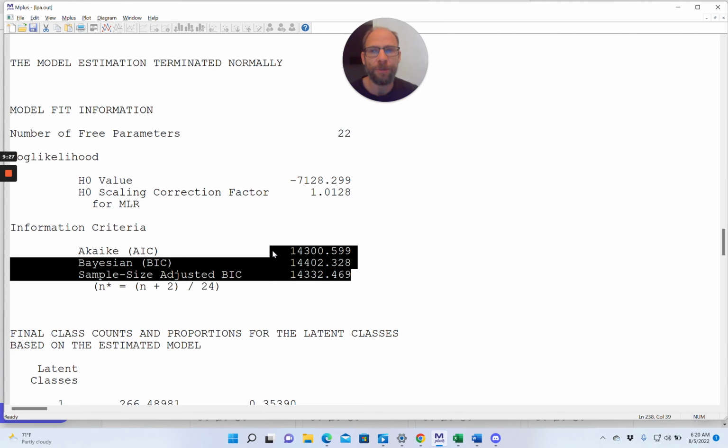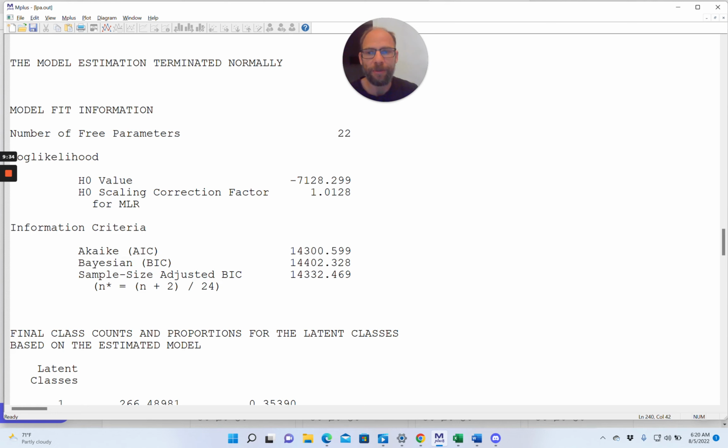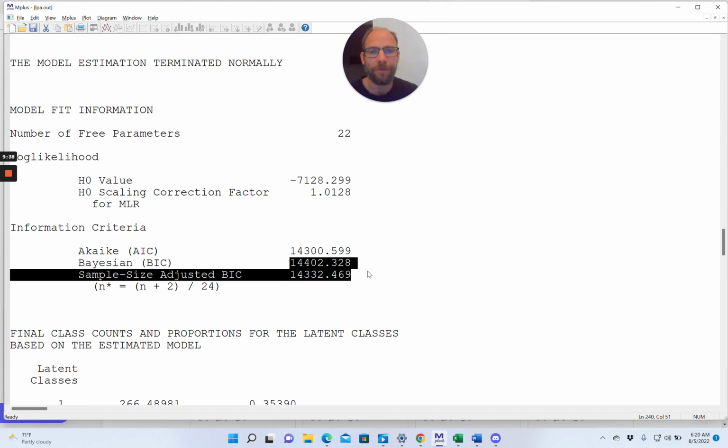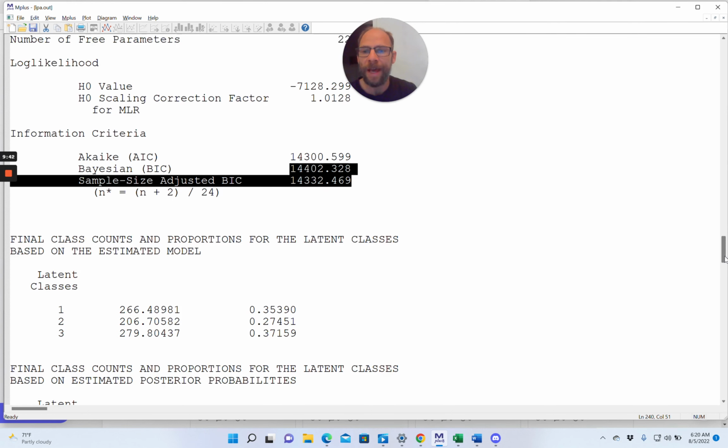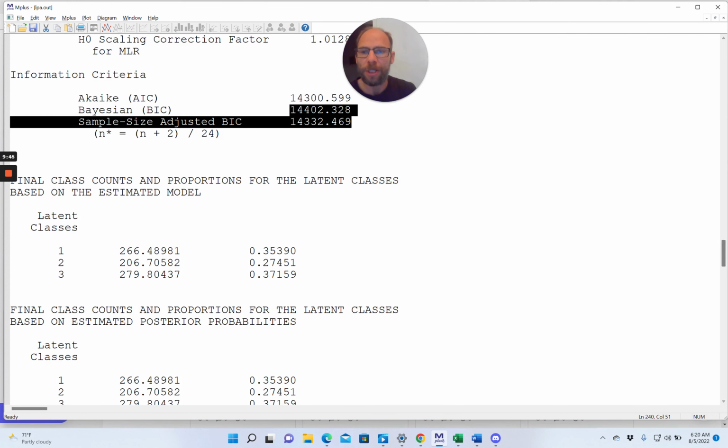And that's often what we do in latent profile analysis and latent class analysis to identify the best solution. In particular, we often take a look at the BIC or sample size adjusted BIC values to determine the number of classes.